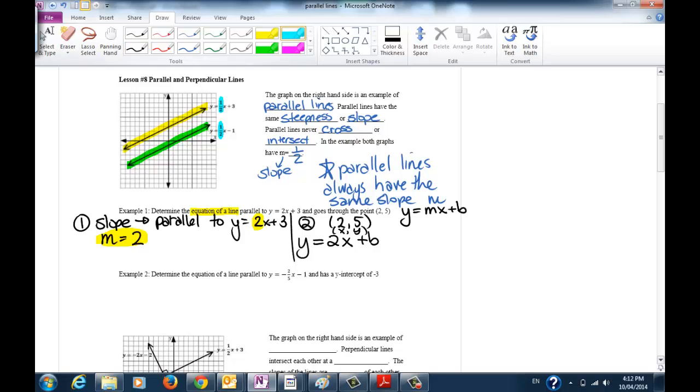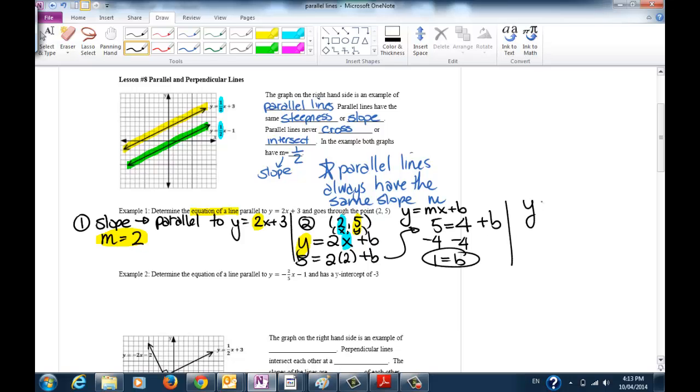Wherever I see an x, I'm going to substitute in a 2. Wherever I see a y, I'm going to substitute in a 5. So I end up with 5 equals 2 multiplied by 2 plus b. And just because I run out of room, I have 5 equals 4 plus b. Now I'm trying to solve for b, so I need to get b all by itself. So I'm going to subtract 4 from both sides, and I get 1 equals b.